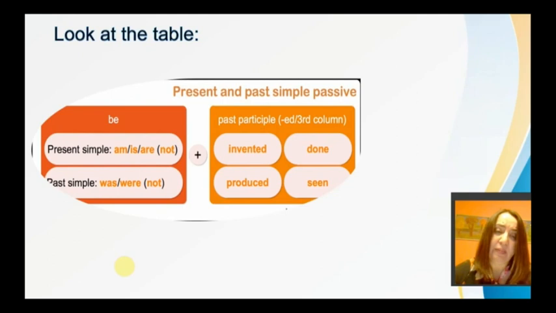Past simple: was, were in positive, or wasn't, weren't in negative, plus regular, like produced, or irregular like seen. Did you understand? Okay.